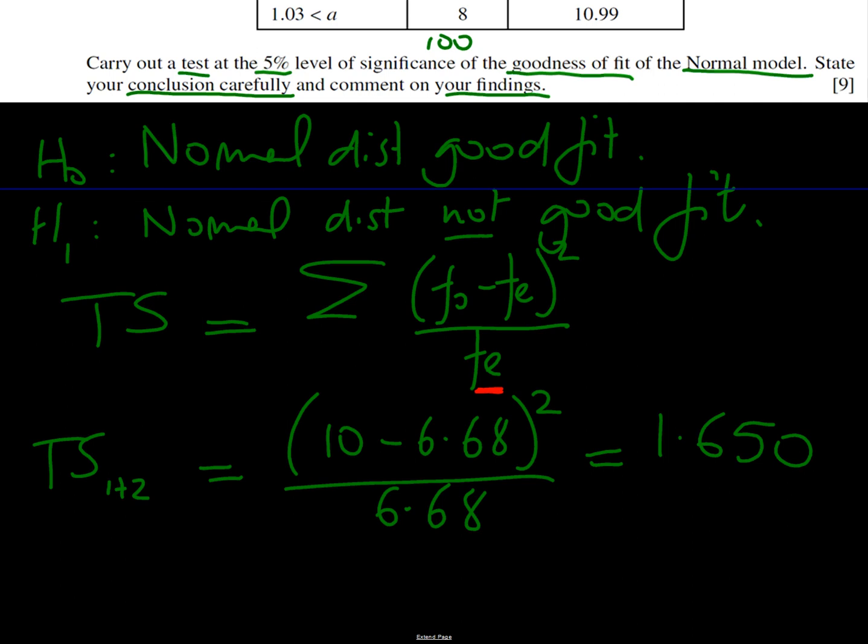Okay, so that shows that we know how to calculate the test statistic contribution. Then we're going to sum them all up.